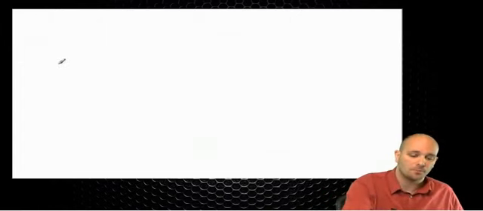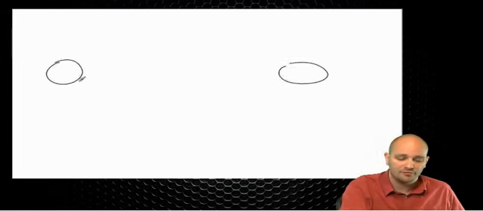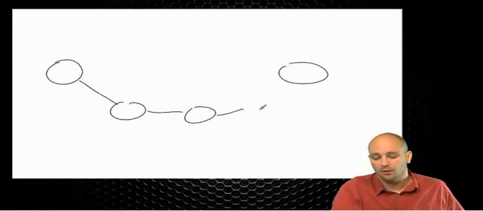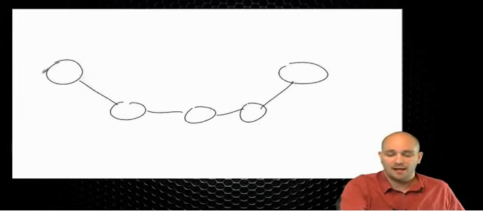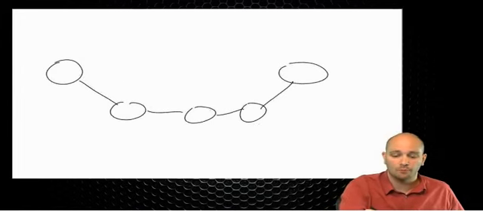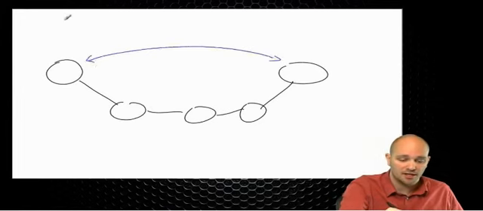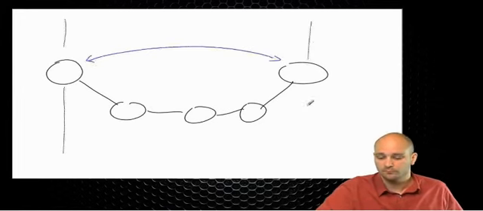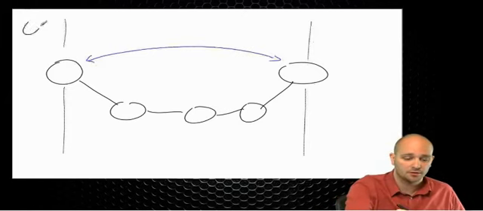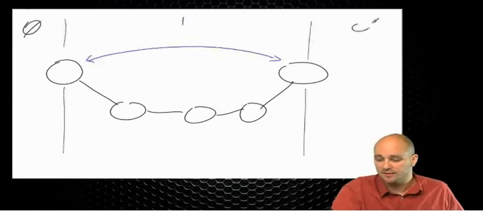Why is that? Because even if you have router IDs, let's say that we have a router here and we have a router here, and we have something in between them. And what I want to do is build a virtual link between these two routers. So these are the ABRs. This is area 0 here, this is area 1, and this is area 0 here.